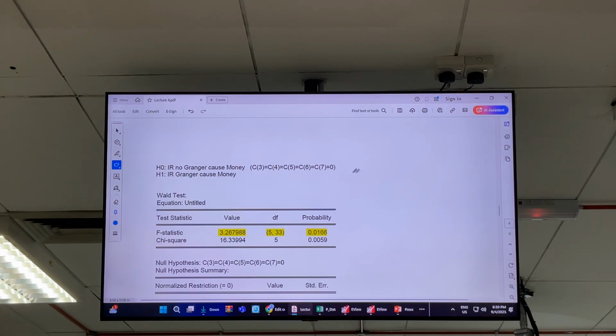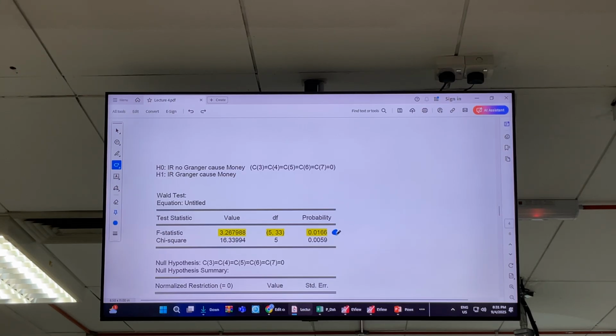So the null hypothesis is that interest rate does not Granger cause money, against the alternative that interest rate Granger causes money. My result shows that it is significant at 5%.